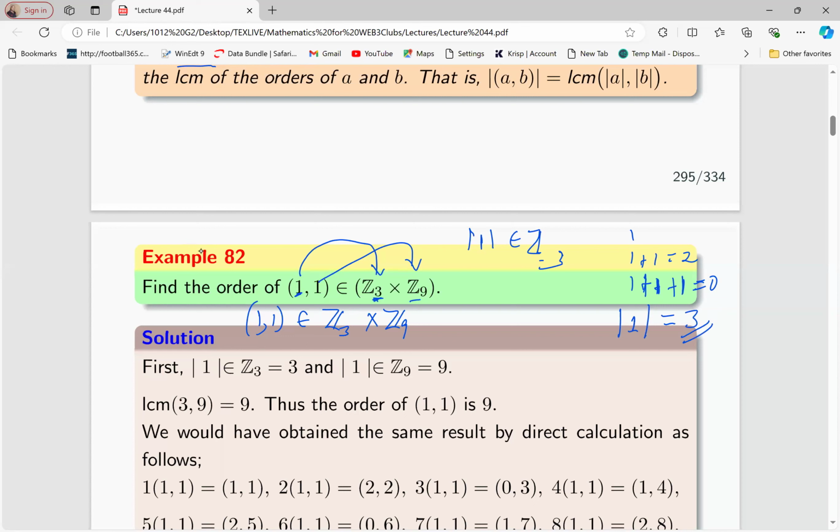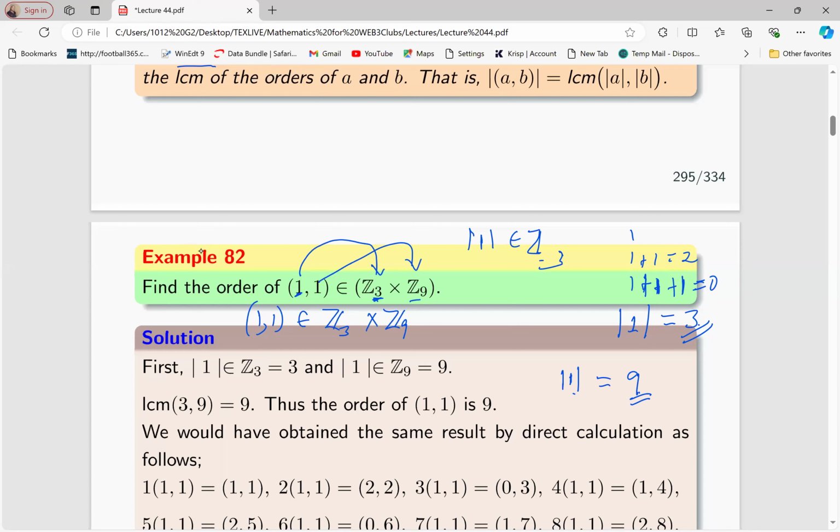And that means that the order of 1 in the first group is 3. And in the second group, it means I will add this 1 nine times to get 0. So the order of 1 in the first group is 3, and the order of 1 in the second group is 9.